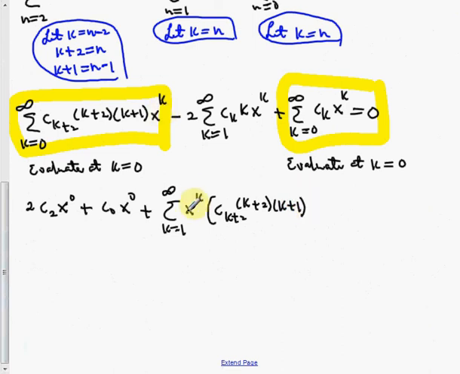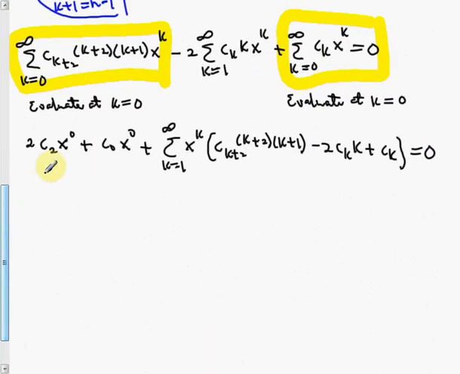I factored out that x to the k, which is sitting on the inside. Then this is minus 2 times c sub k times that k, then plus c sub k. Close all that up. That's equal to 0.